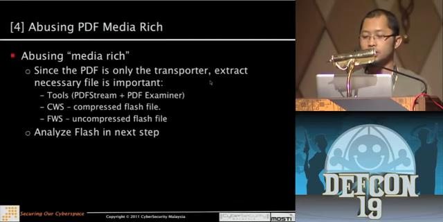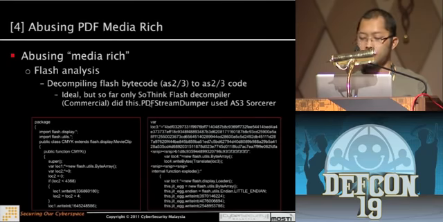Okay, so for tools, normally you can use PDF Stream Dumper plus PDF Examiner for this one. And then of course you can do a Flash analysis later on to trace what really happened when you open the PDF. As we know, the PDF has an engine for Flash, right?